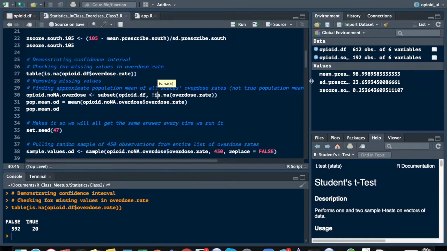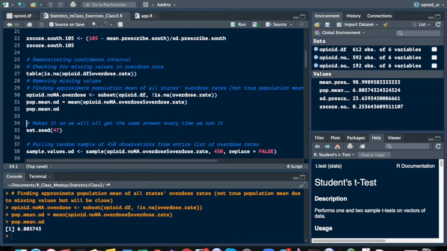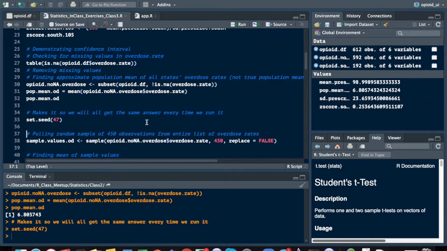So we're saying our entire pretend population, our mean overdose rate, and we're moving on to overdoses, is 6.8 per 100,000 people. So remember, the set seed is just so you'll get the same answers as me, because a lot of what I'm doing is random.